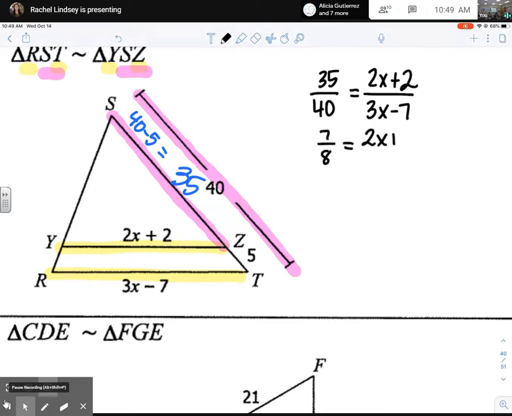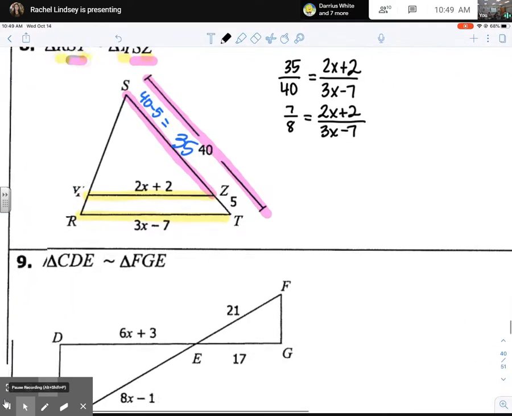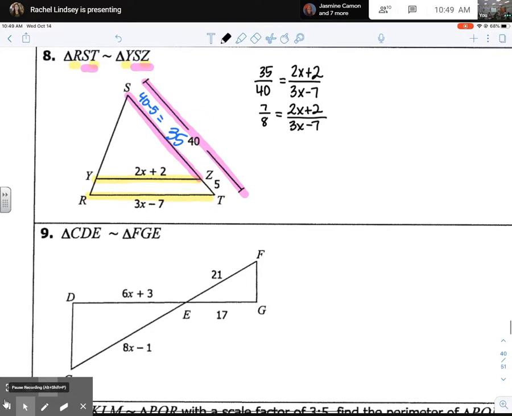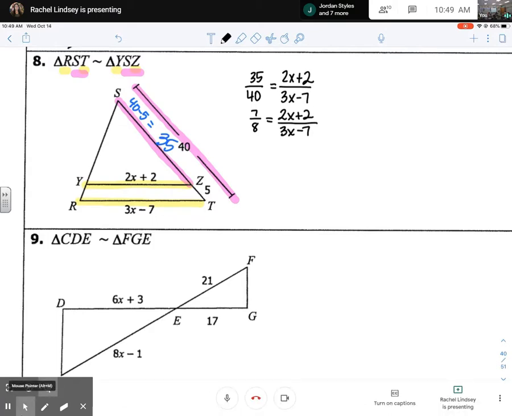And then cross multiply and go from there. So I'm going to come back to that in a little bit because I want y'all to work through that. I want y'all to practice the algebra. And I want you to practice on number 9 too. So I'm going to help you with set up number 9, and then you're going to finish both of those.